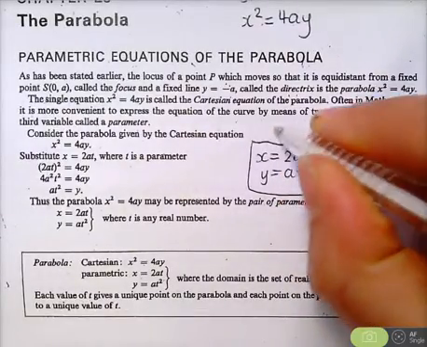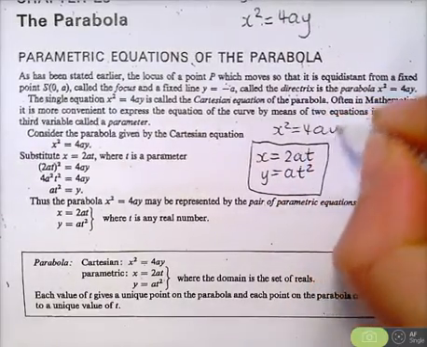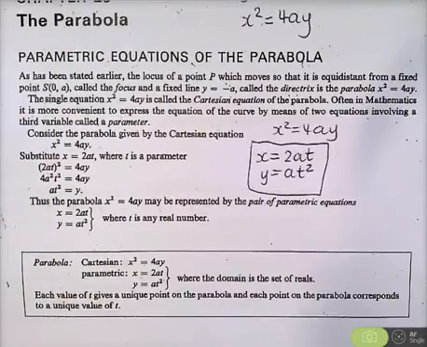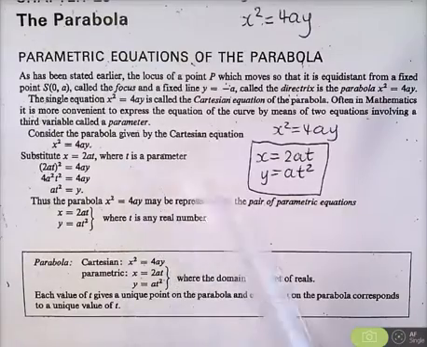So all you've got to know is for the parabola x squared equals 4ay, the general parameters are x equals 2at and y equals at squared. It's just a third variable. Your equation x squared is 4ay is made up of the variables x and y. We're now introducing a third variable, given the letter t, and it's called a parameter.